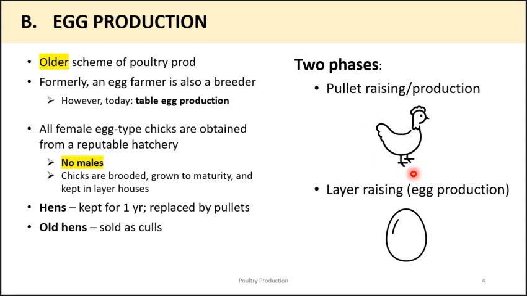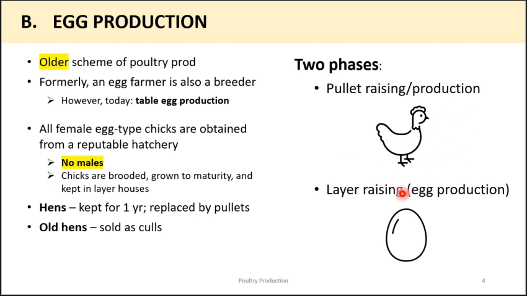We only produce pullets and these are sold to farmers or companies or farms which are engaged in layer production or table egg production. Okay, so pullet is analogous or synonymous to gilt. The pullet has not yet laid eggs. Okay, the hen has laid eggs. Same is true with the gilt. The gilt has not yet given birth, the sow has.